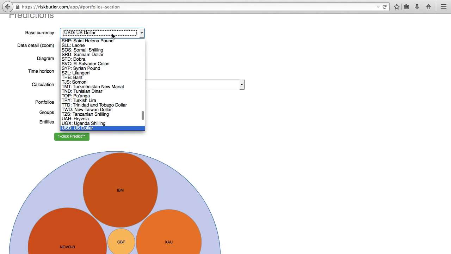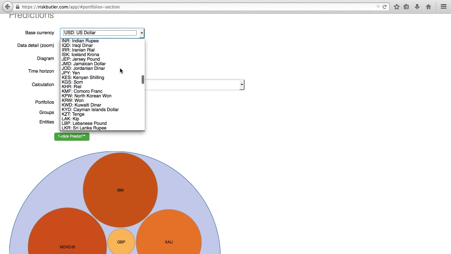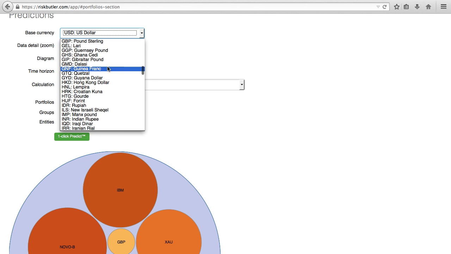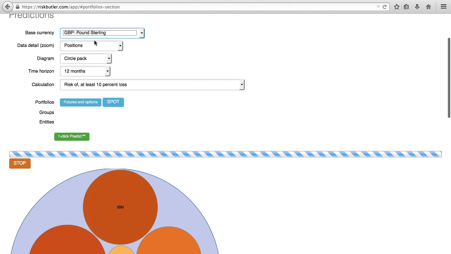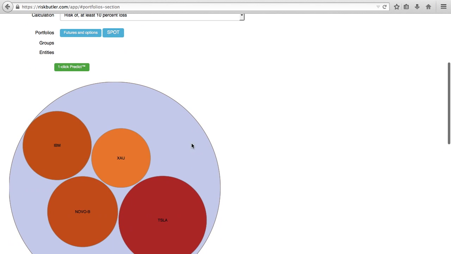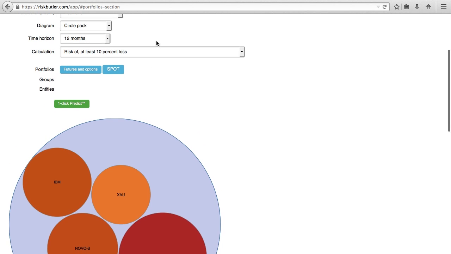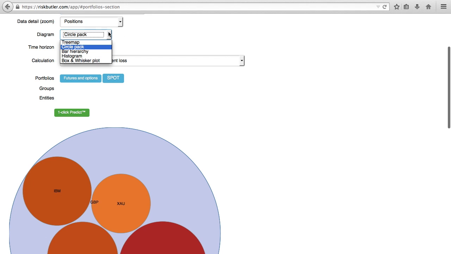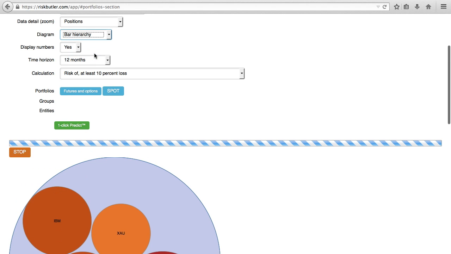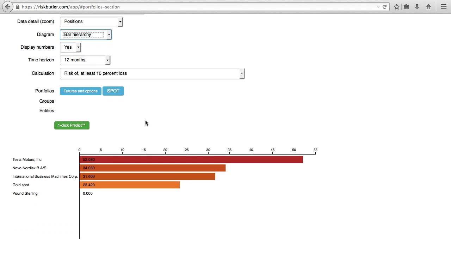If we change our base currency here to, let's say we are based in British pounds, then we can see that the position of the pounds disappeared. We can take another diagram here, take the bar hierarchy, and if we look at the risk of losing at least 10% in 12 months, then we can see for the pound sterling it's 0.